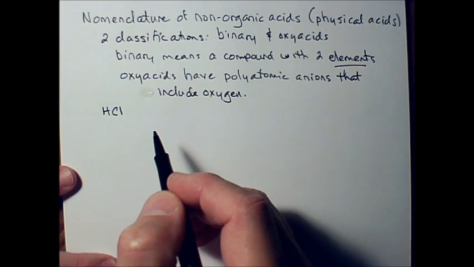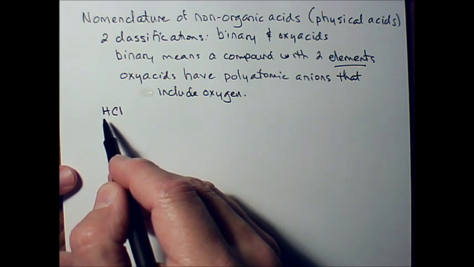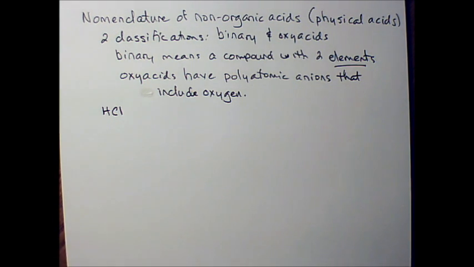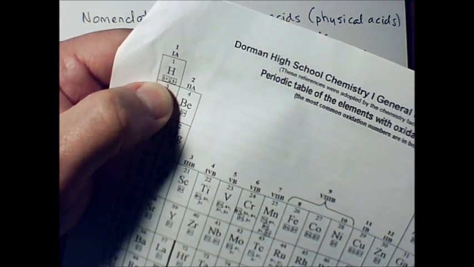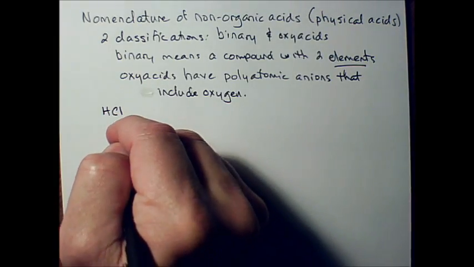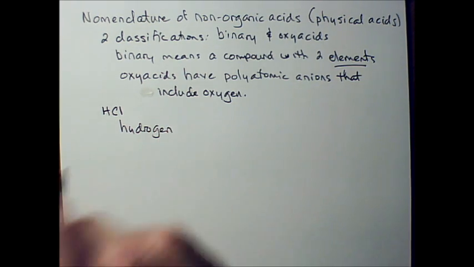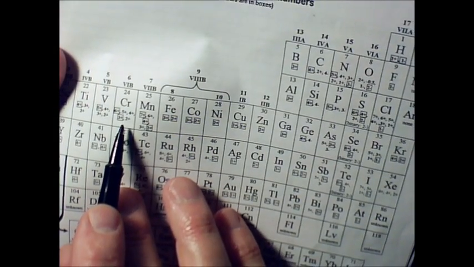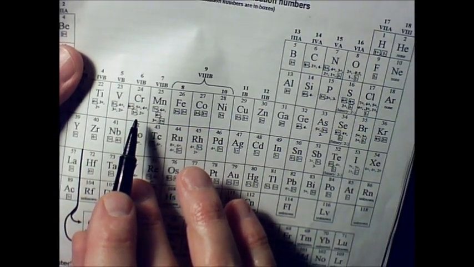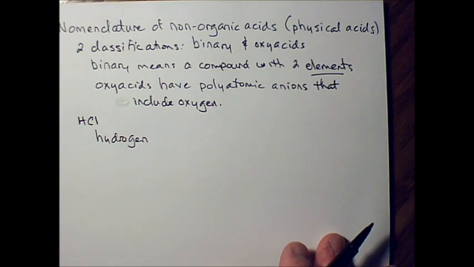Hydrogen only has one positive oxidation number, so we don't name it with a Roman numeral. We simply call it hydrogen. Remember, elements that have more than one positive oxidation number need a Roman numeral.